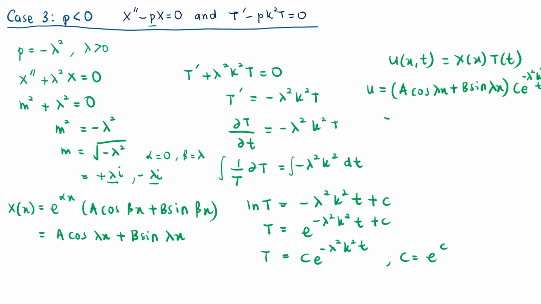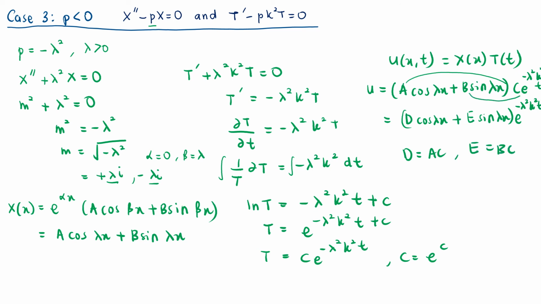And then this will become d cos lambda x plus e sine lambda x times e to the power of negative lambda squared k squared t, where d is actually equal to ac and e is equal to the constant of b times c.